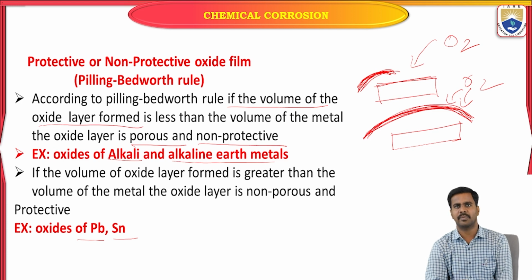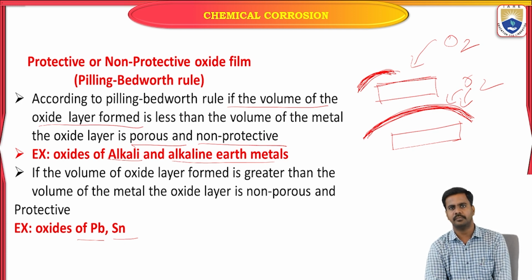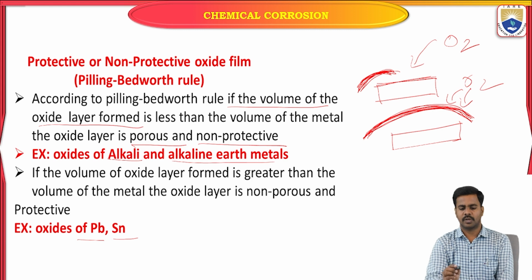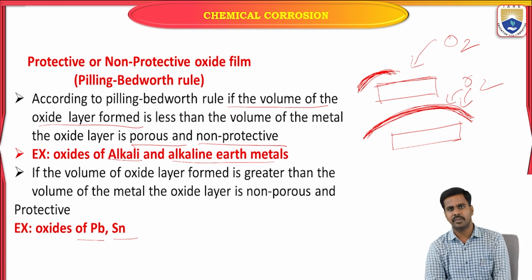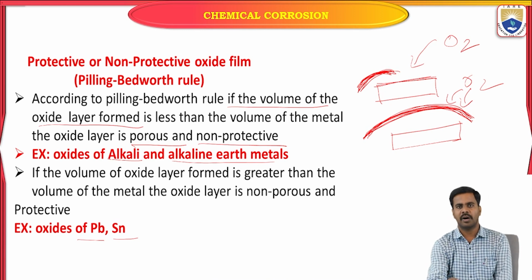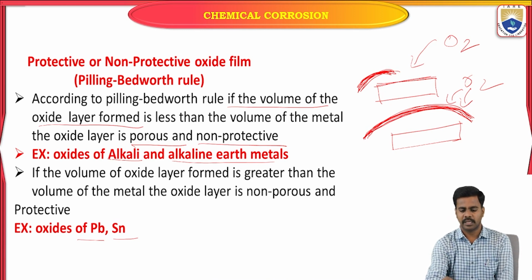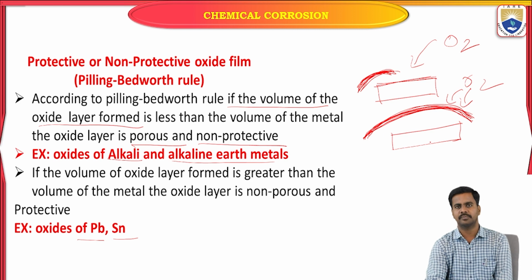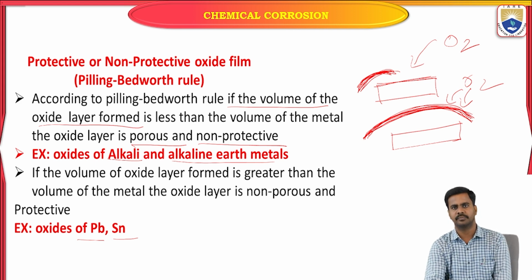So that is the Pilling Bedworth ratio. On the basis of the metal oxide layer, Pilling Bedworth explained the protective and non-protective nature of the metal oxide layer. If the volume of the metal oxide layer is greater than the volume of the metal, it is non-porous and protective; examples are lead oxide and tin oxide.